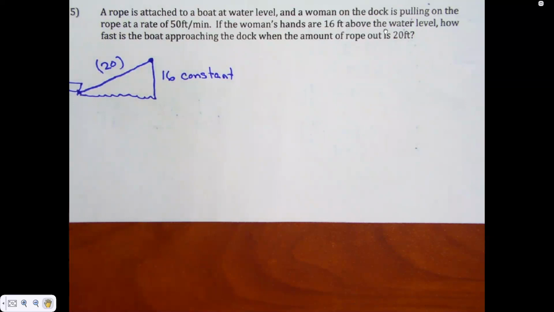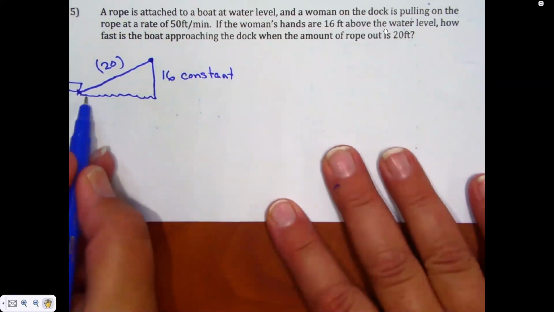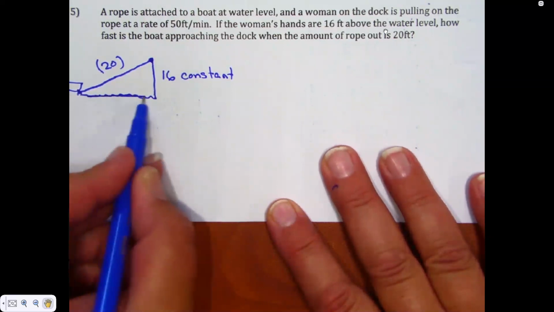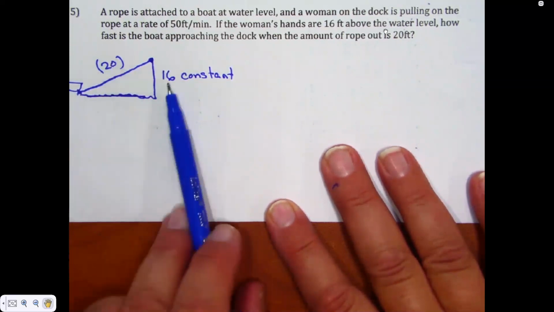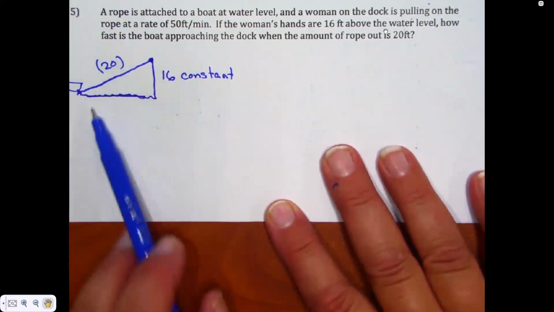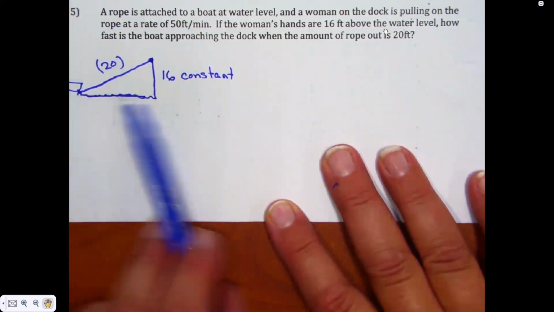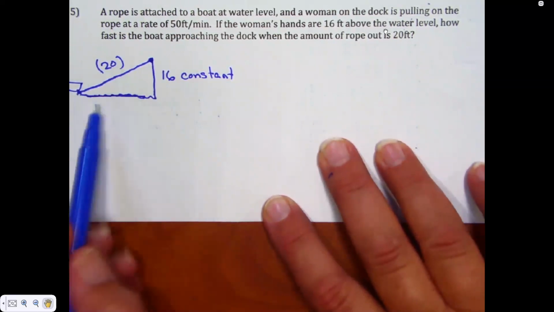What else? We're talking about how fast the boat is approaching. So they're talking about this side, and we're at least doing something with this side because we're talking about how fast the boat is approaching.